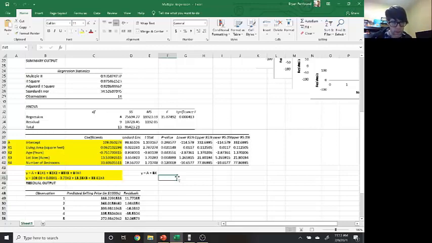So let's say, for example, I wanted to calculate what I think the sell price is going to be for a square footage of, I don't know, 1,500. Let's say the age of the house is 20 years. The lot size is maybe 2,200.